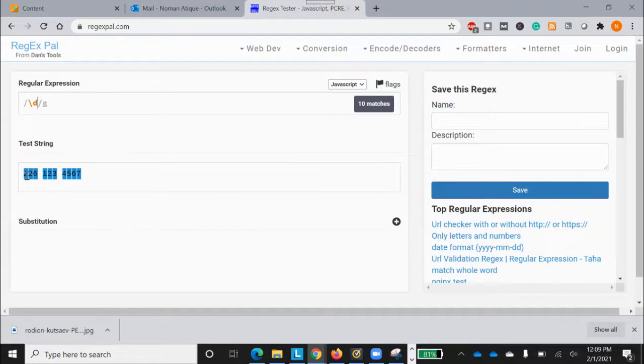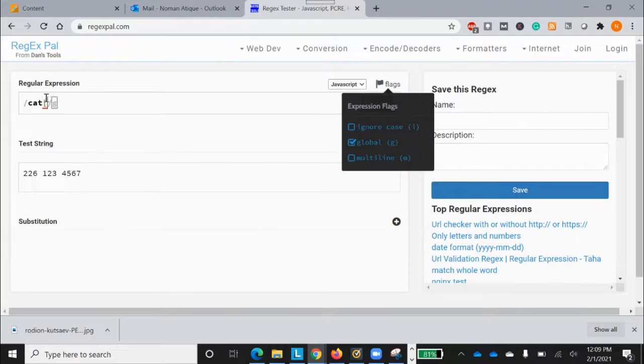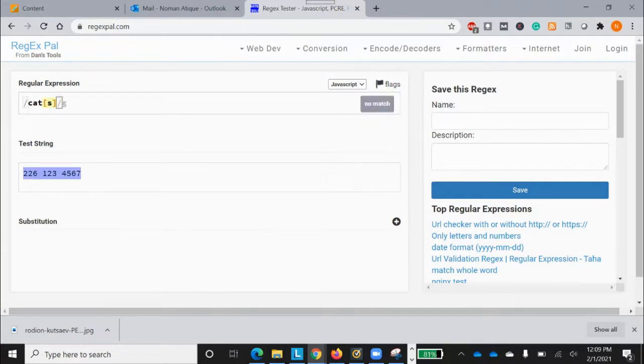Backslash d. Wait, I thought it only recognizes one character inside it. Jason says it recognizes one character. You mean like this? Like, for example, you say that it will only recognize one character.